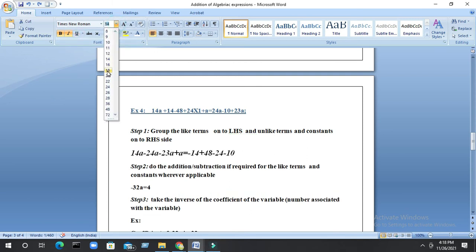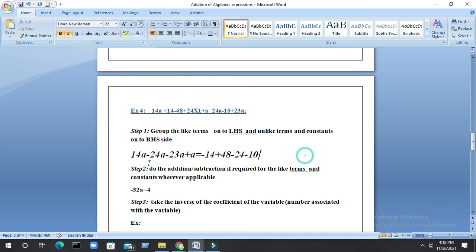So there is no problem in the movement, or we did not move rather. So minus 24a. So on the right hand side you have plus 24a, and when it moved to the left hand side it became minus because you are crossing the bridge with this value. So the value got changed from plus to minus.